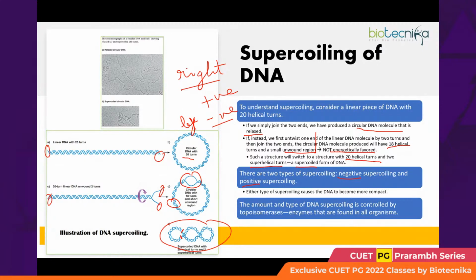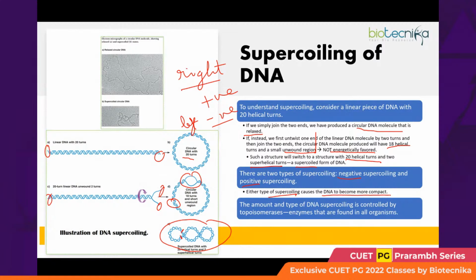But in terms of condensation, or compactness of the DNA, it does not matter whether the DNA is positive or negative supercoiled. Okay, it does not matter which side the DNA is supercoiled, whether positive or negative, in both directions it will just compact the DNA.